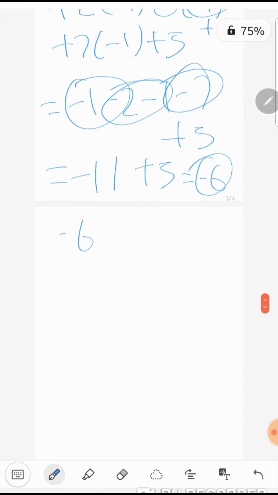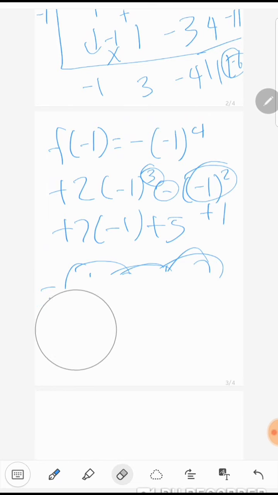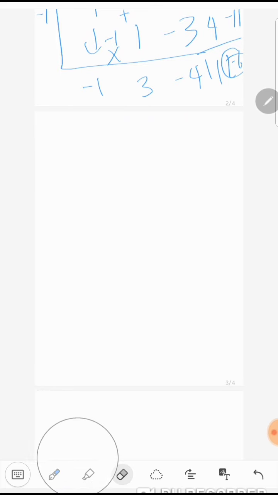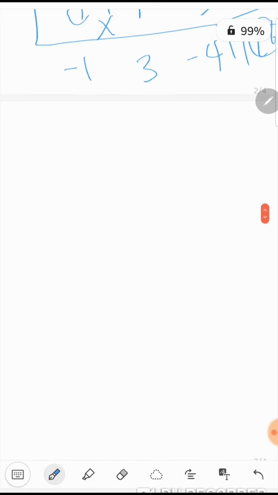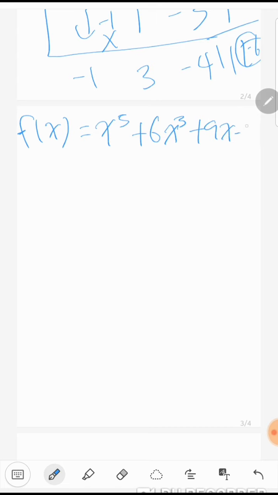And then for number 10, let's say f of x equals x to the 5th power plus 6x cubed plus 9x minus 3, and c equals 4.